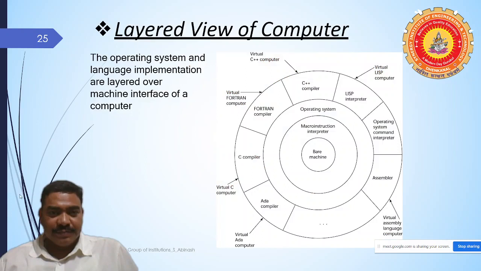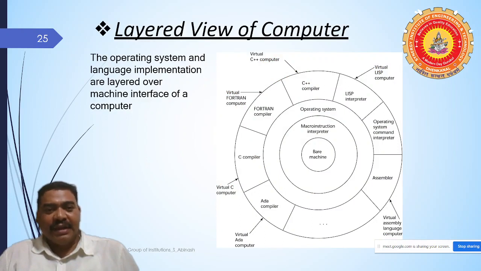So next, the layered view of a computer. The operating system and the language implementation are layered over the machine interface of a computer. So this is the bare machine, or the core hardware.